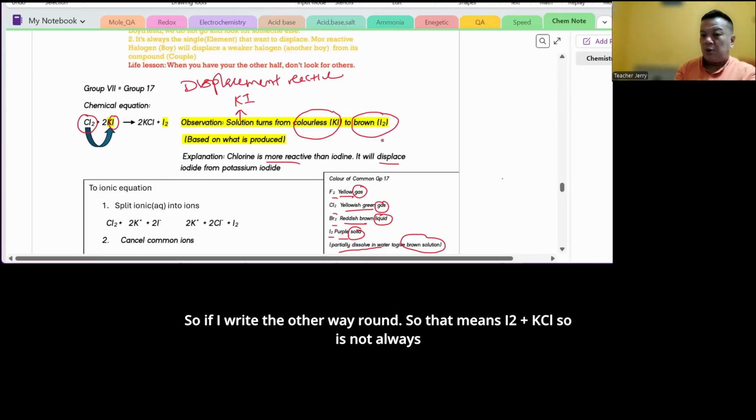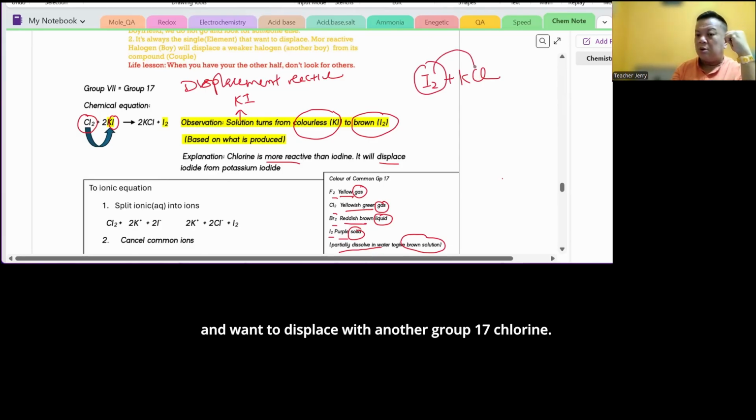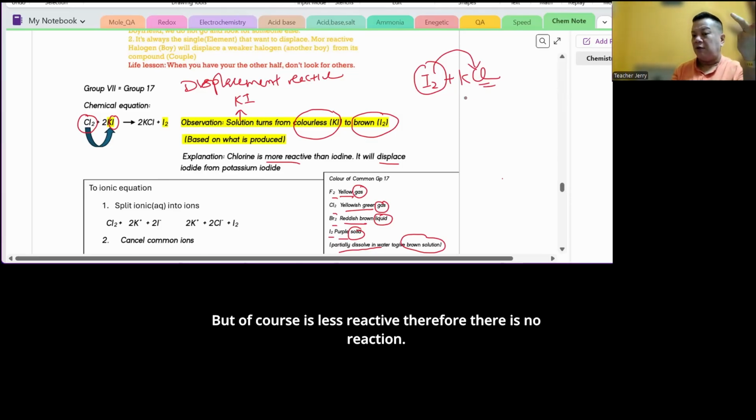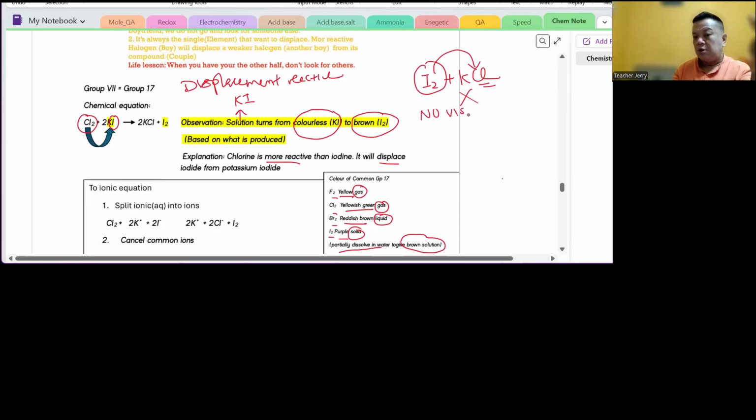If I put it the other way around, if I have iodine and potassium chloride, it's not every time there'll be a displacement. It always starts with an element, iodine is the element, and it wants to displace another group 17 element, chlorine. But of course, it's less reactive, therefore there's no reaction. The observation will be no visible change, or you can say the solution remains colorless.